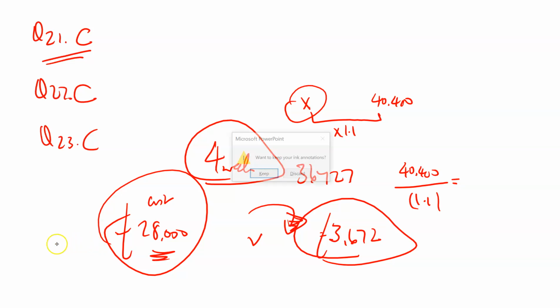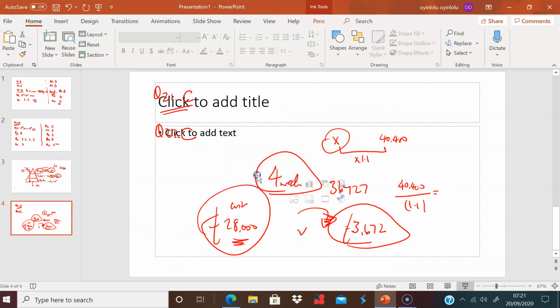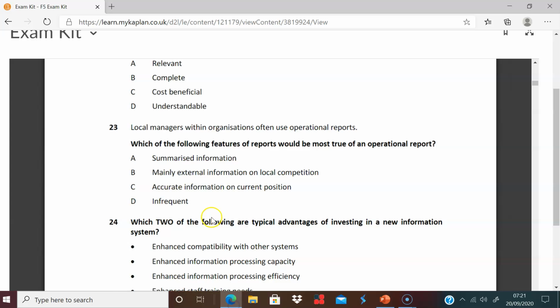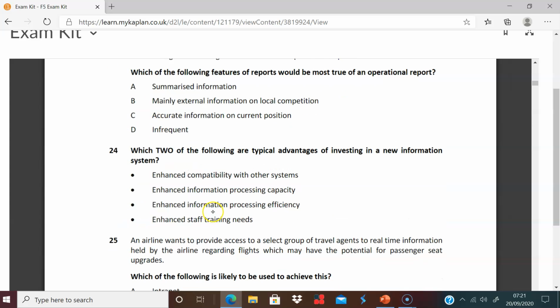Okay, let's go to question 24. Here we are. Which two of the following are typical advantages of investing in a new information system? I thought this question was slightly off. I know what they're trying to say, but I think they didn't quite convey the key message.